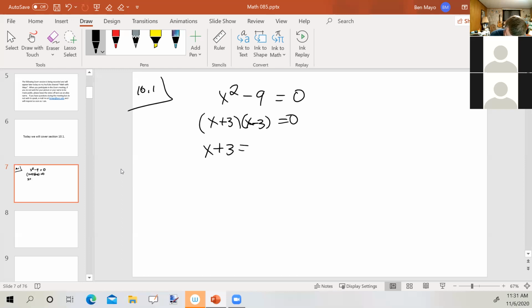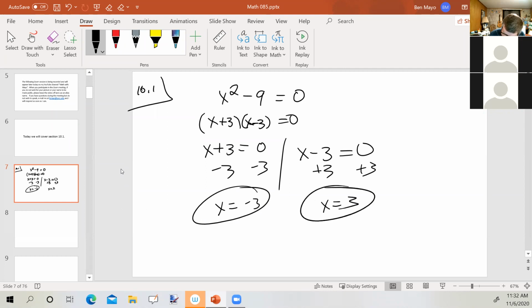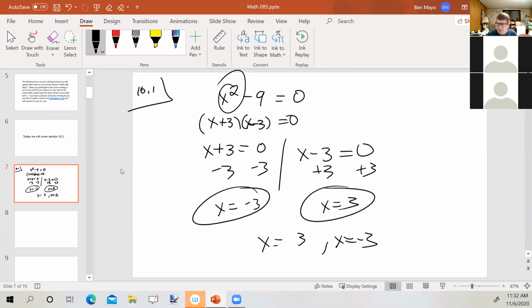Then x plus 3 equals 0 and x minus 3 equals 0. We'd subtract 3 from both sides and get x is -3, and add 3 to both sides and get x is 3. So in fact, there are two solutions, x is 3 and x is -3. The second degree equation has two solutions.